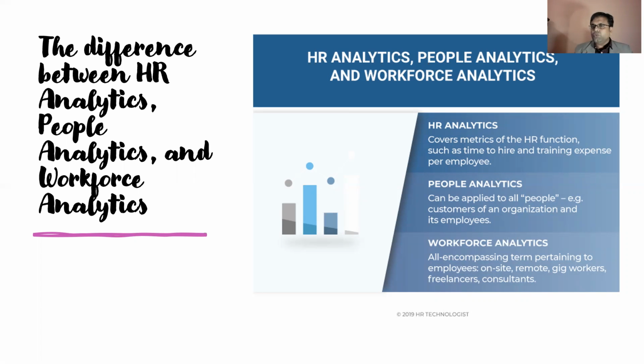Next, number two is people analytics. It can be applied to all people, for example the customers of an organization and its employees. Say we are a digital marketing company and one of our clients is Mongenis. The Mongenis store employees are also part of people analytics.